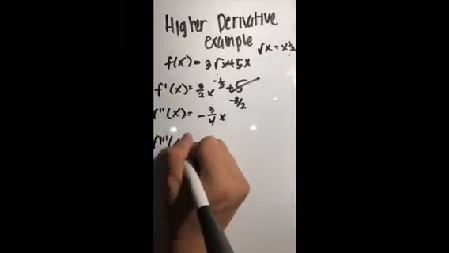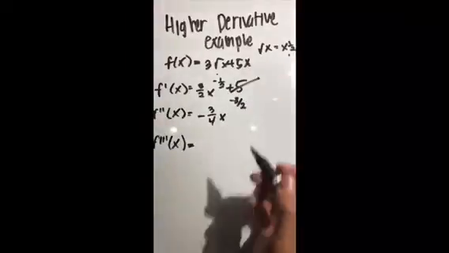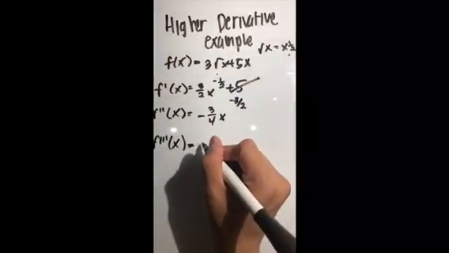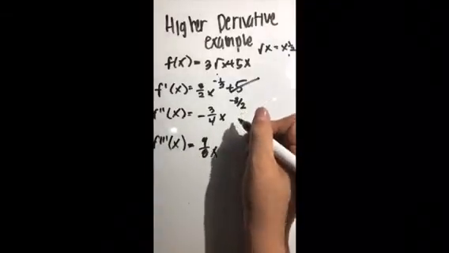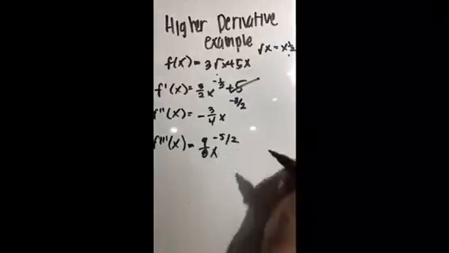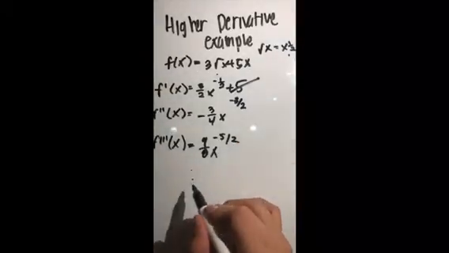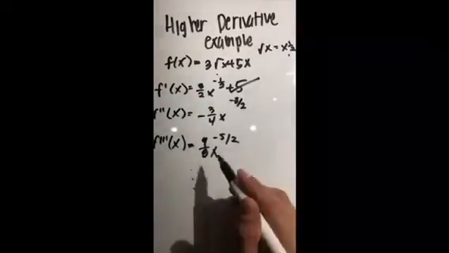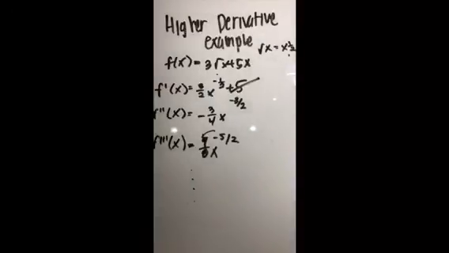When taking the third derivative, our two negatives are going to result in a positive fraction, which is going to be 9/8 x, and then our exponent is reduced again to negative 5/2. I'll stop there, but you can keep going. This will just be reducing the exponent and you'll keep multiplying your coefficient once again.